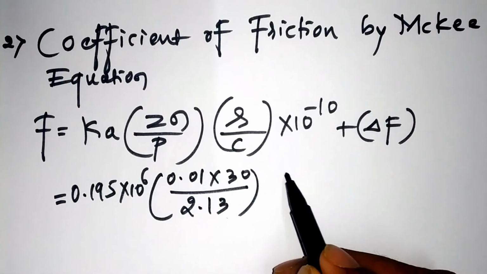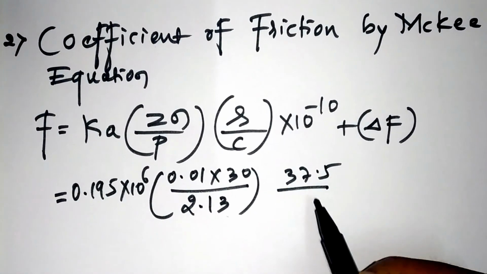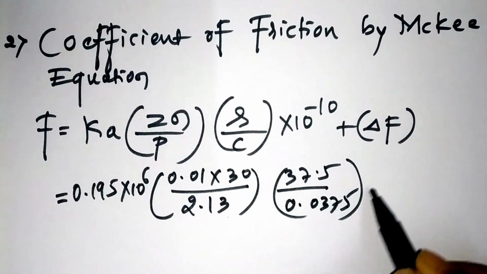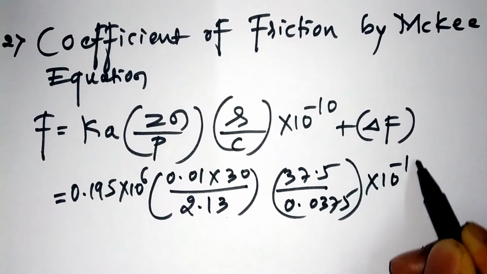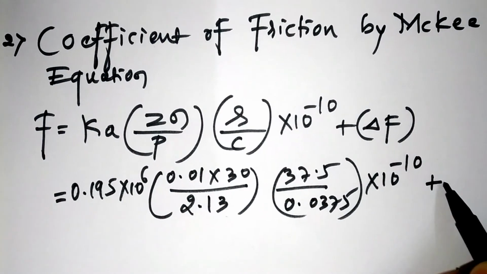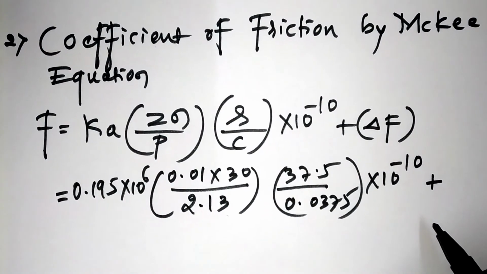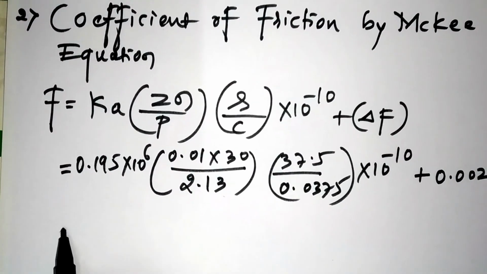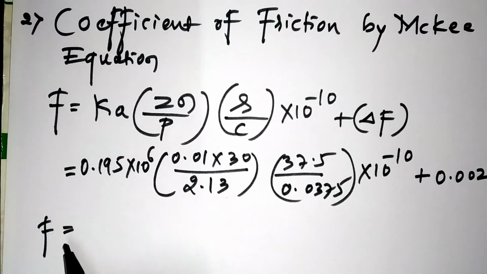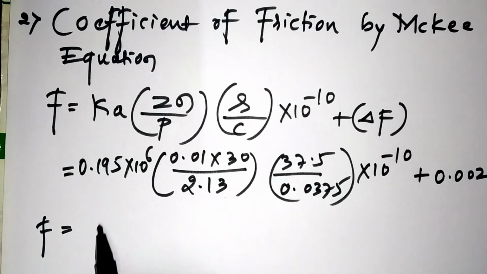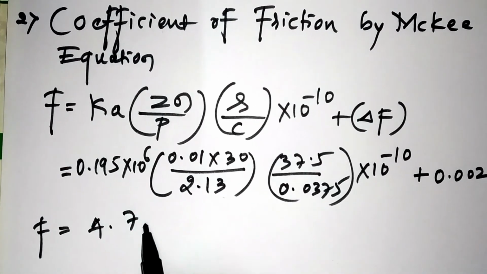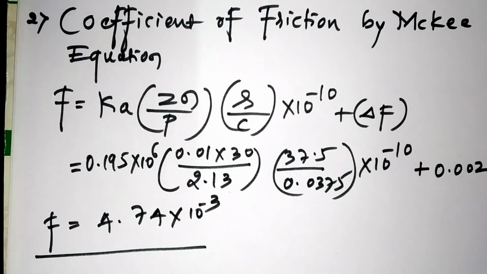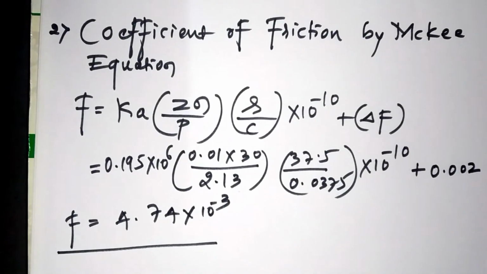Next R is 37.5 and the small c value is 0.0375, and this whole is multiplied by 10 raised to minus 10, plus the value of delta F from the data handbook, which I got as 0.002. When I substitute and calculate this, the value of F I'll get is 4.74 into 10 raised to minus 3. So this is my coefficient of friction by the Mackey equation.